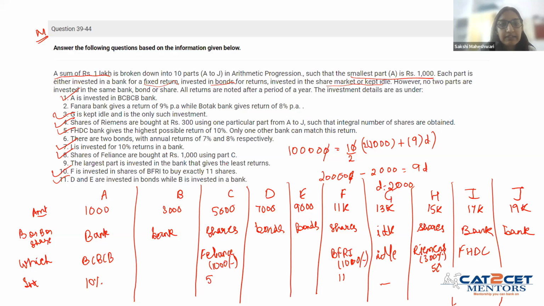It's mentioned that the largest part is invested in the bank that gives the least return. So the least return is Kotak Bank, 8%. And then the other one left in banks is Panara. Now bonds are 7 and 8%. I don't know which one it will be. I'll just write this.